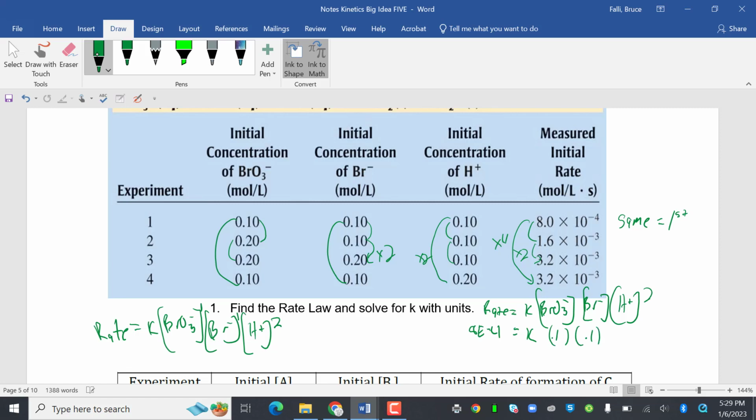Br negative is 0.1. H positive is 0.1 squared. So 8E negative 4 divided by 0.1 divided by 0.1 divided by 0.1 squared is 8. K equals 8.